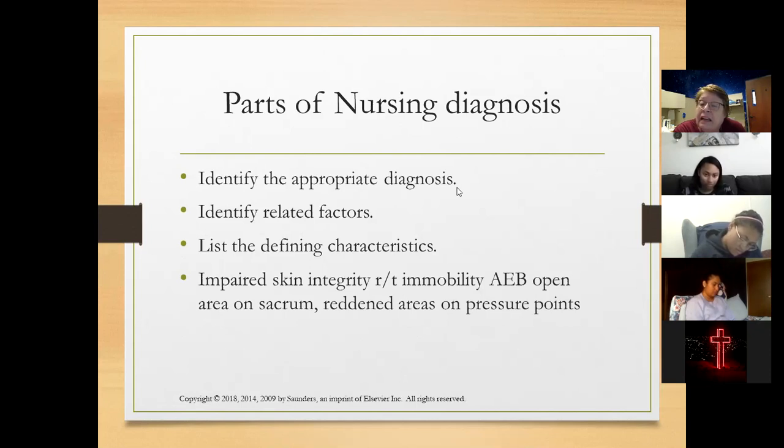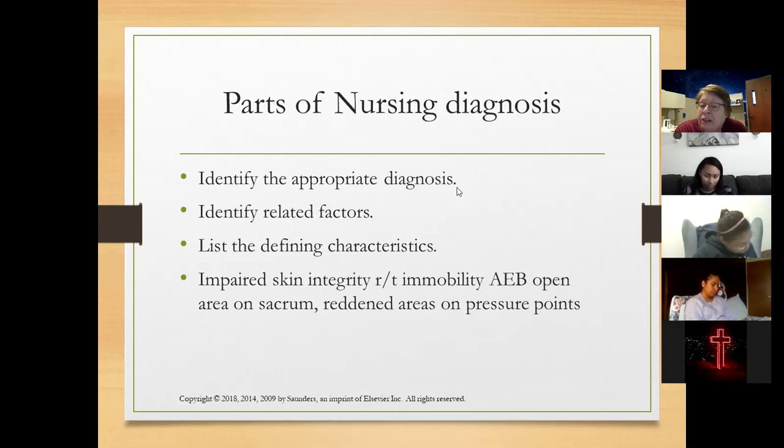The nursing diagnosis would be impaired skin integrity. So what's causing this ulcer? Well, it's related to immobility. The patient had a stroke, they can't turn themselves, they have loss of sensation in that area. So it's impaired skin integrity related to immobility.